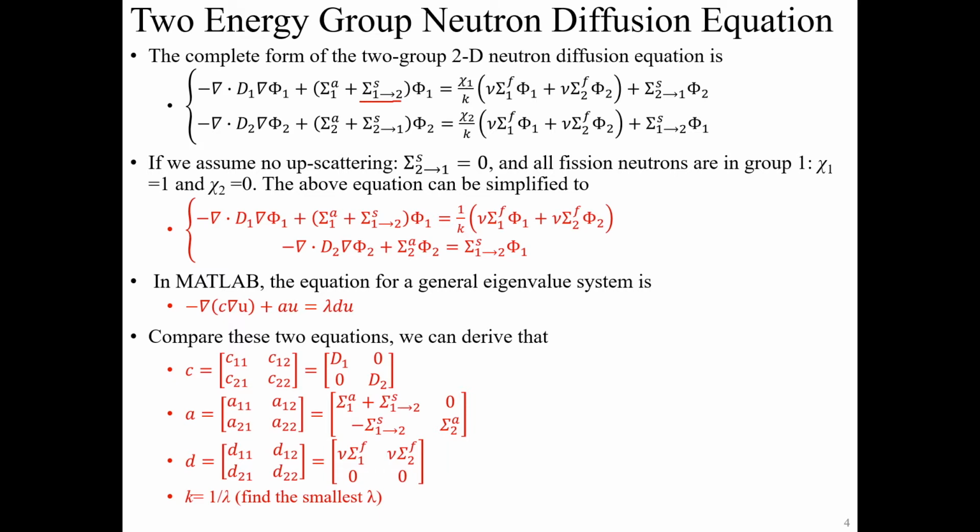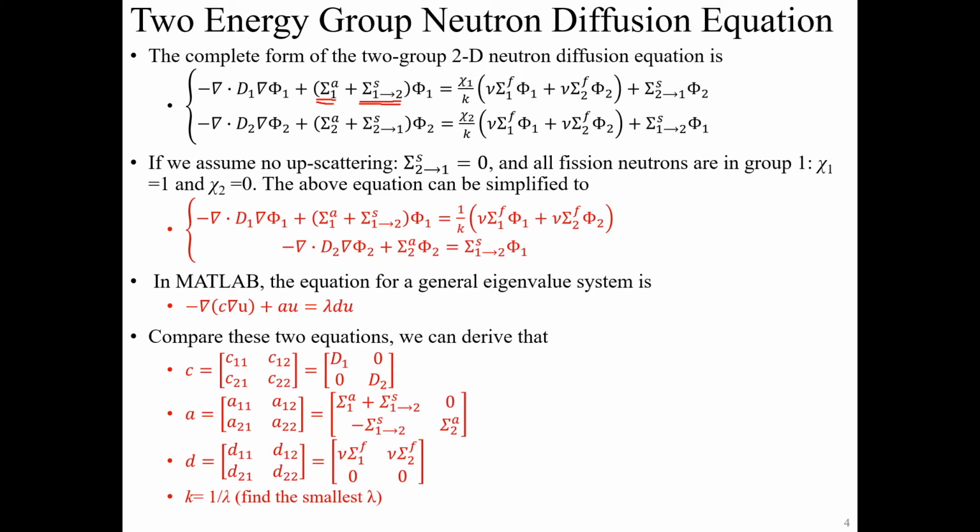So the neutrons may be absorbed by this absorption cross-section, and may also be scattered by this scattering cross-section. It means that if this neutron undergoes a scattering reaction and goes to group 2, then this neutron is no longer a group 1 neutron. So we are going to remove this neutron from the group 1 equation.